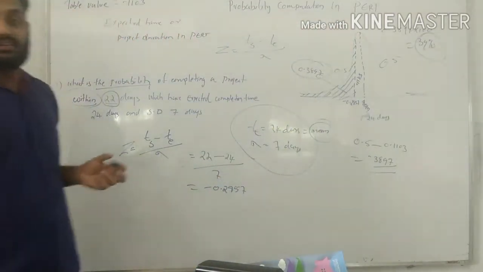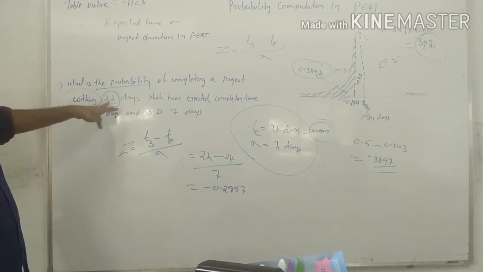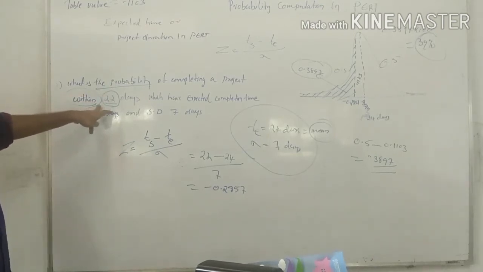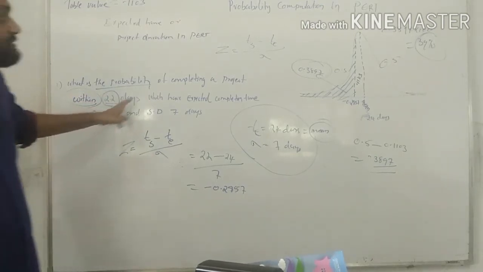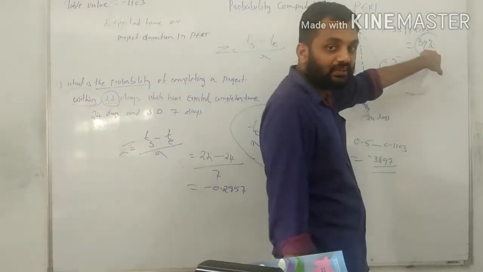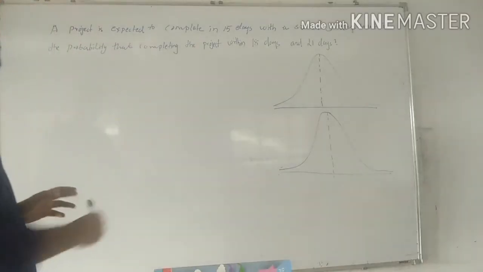So the probability of completing the project within 22 days is 39%. Let us see one example.